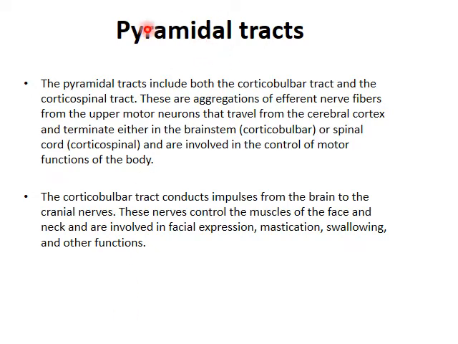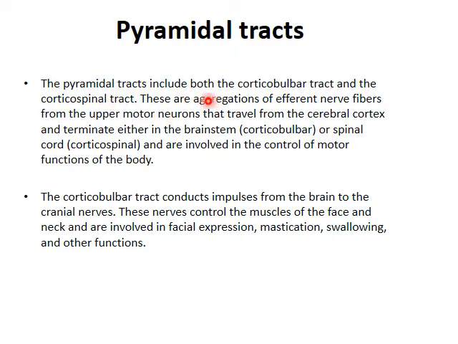Now, let us talk about the pyramidal tract, the second part of the upper motor neuron tract. The pyramidal tract includes two important tracts. The first is called the corticobulbar tract, while the other is called the corticospinal tract.